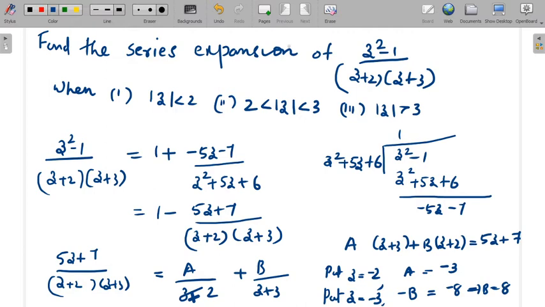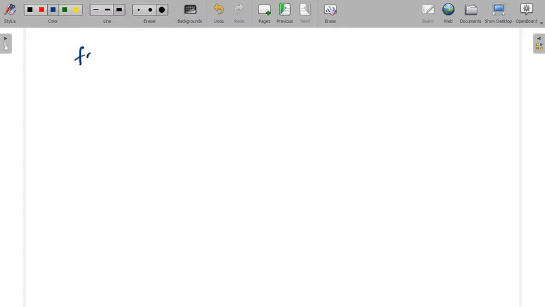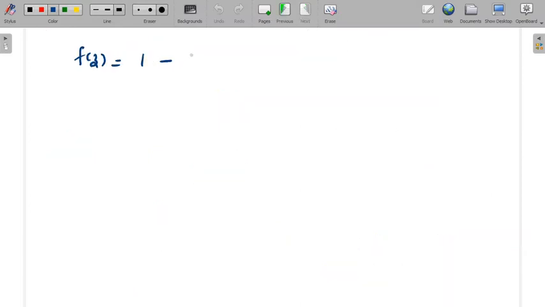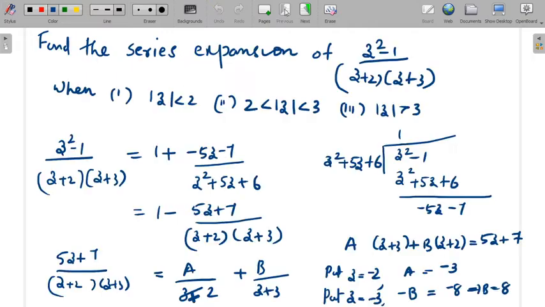So our function f of z takes the form f of z equal to 1 minus this term is a by z plus 2. The value of a is minus 3. b by z plus 3. The value of b is 8. So we can write 1 minus 3 by, am I right?